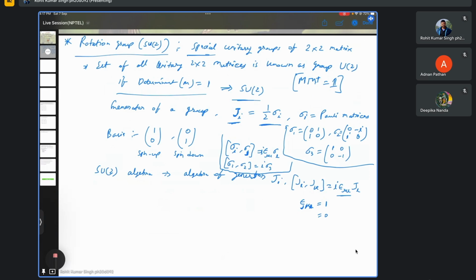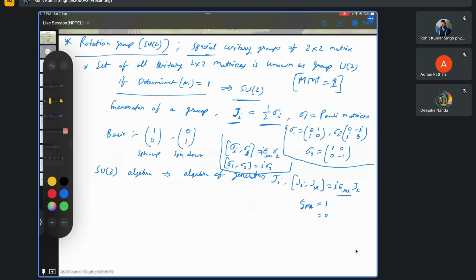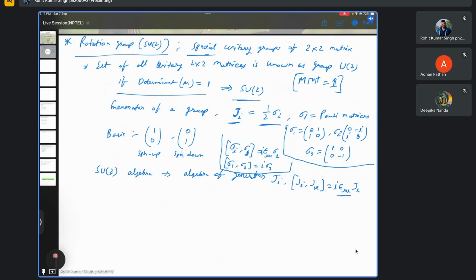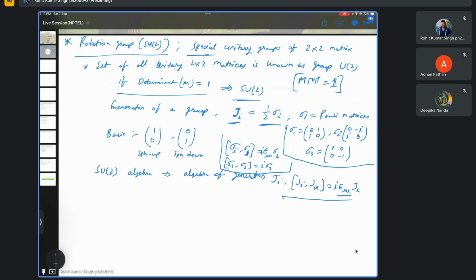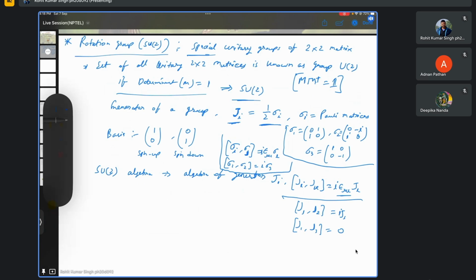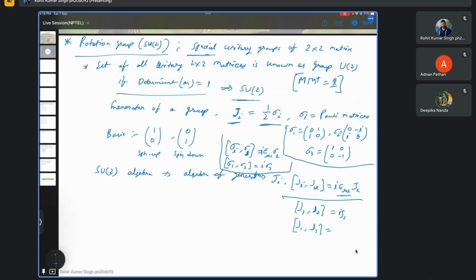So yeah, for now just remember this. This is the algebra, and what does it mean is, J1 J2 is equal to i J3, and if you have J1 and J3, then it is 0... J1 commutes with J1, and J3 J1... not 0, it will be minus of J2.